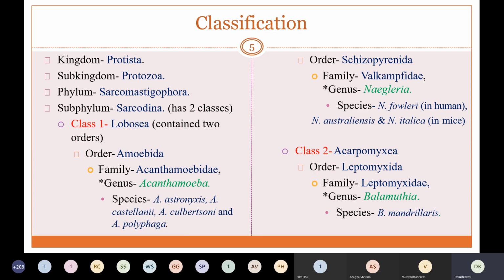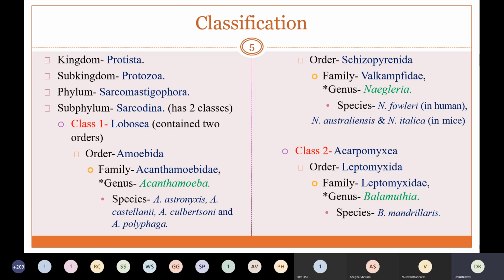Next, coming to its classification. All the organisms or animals living on the earth are classified into these subheadings: kingdom, subkingdom, phylum, subphylum, class, order, family and genus. These free living amoebae come under the kingdom Protista, subkingdom Protozoa, phylum Sarcomastigophora and subphylum Sarcodina. Under the subphylum Sarcodina, you have two classes.